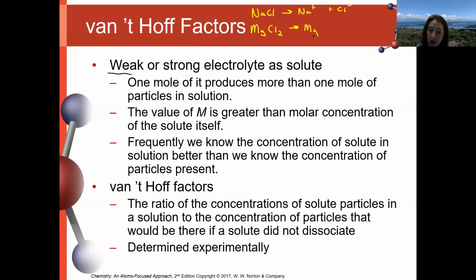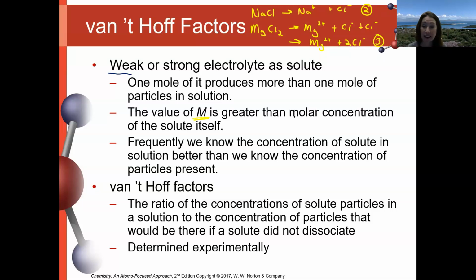It comes apart into an Mg2 plus and a Cl minus. Remember when we did dissociations at the beginning of the semester? And another Cl minus. So this comes apart into Mg2 plus and 2 Cls. NaCl makes 2 things. MgCl2 makes 3 things. That's what we're talking about, how the value of the molarity is greater than the concentration because it breaks up into multiple parts.